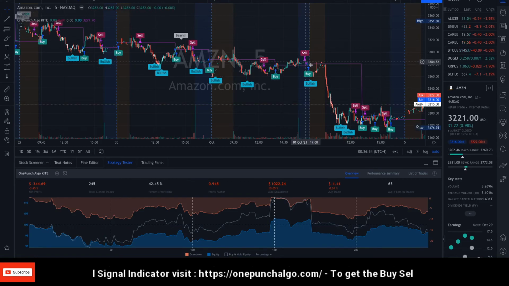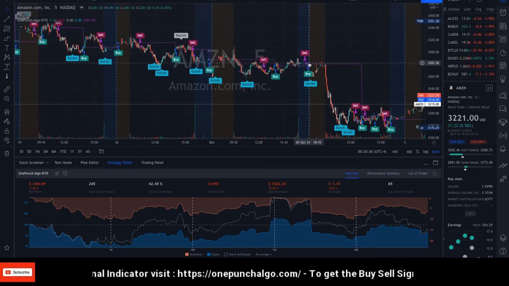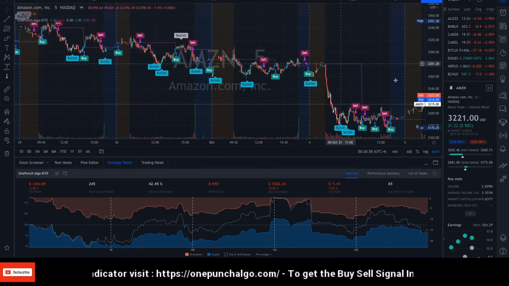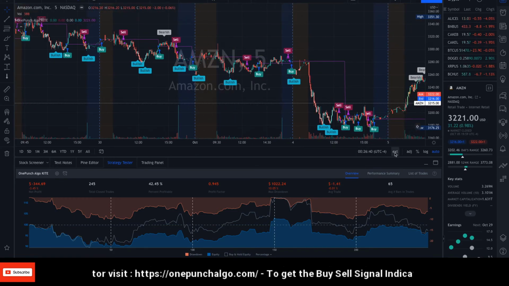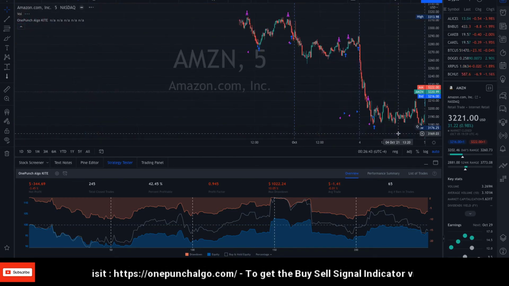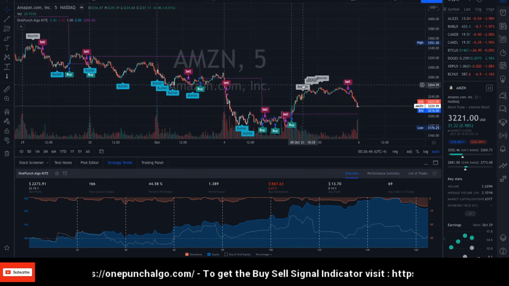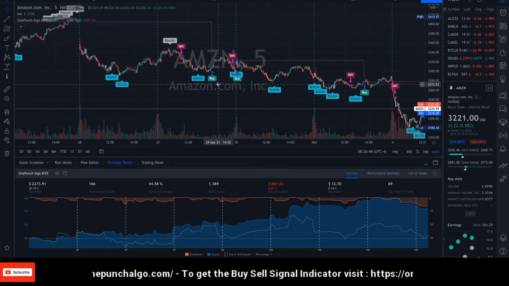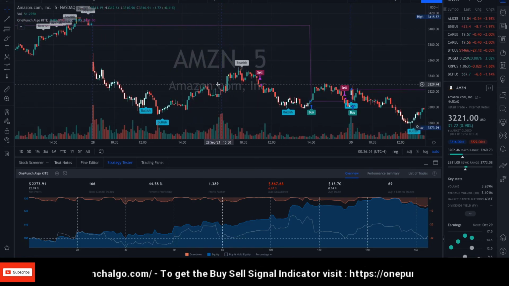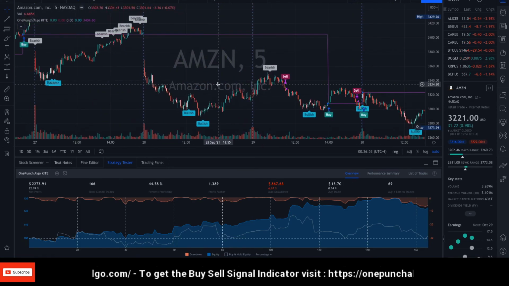So if you're waking up around 4 o'clock in the morning and trading until night, make sure to use the extended version, but I would go with the regular version just to trade when it is intraday.